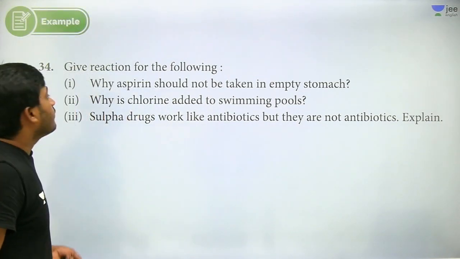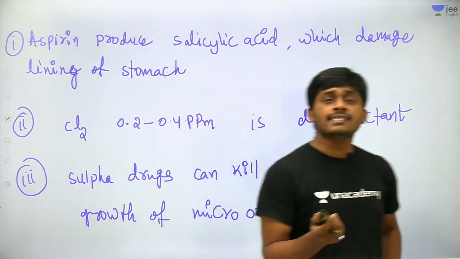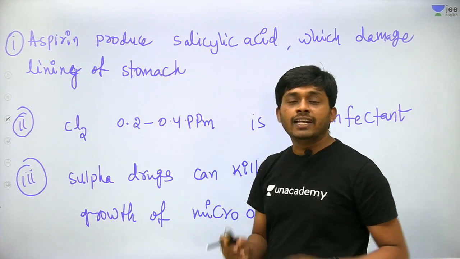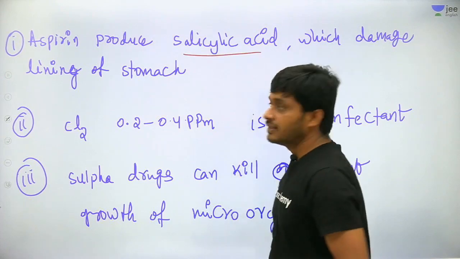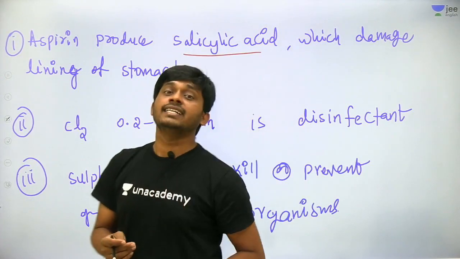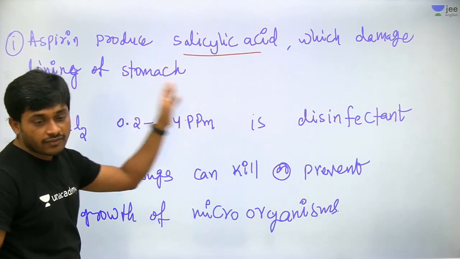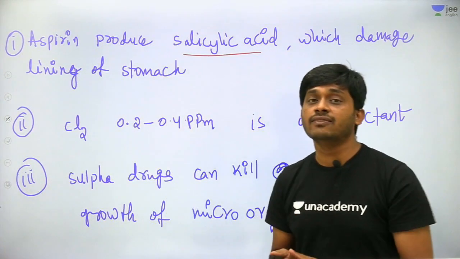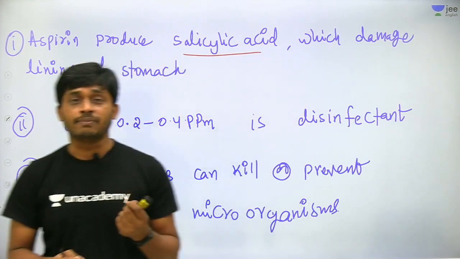Yes, very good. Why aspirin? See here, aspirin is acetyl salicylic acid. So in our stomach, it will get hydrolyzed and give salicylic acid. But when the acidic strength increases in our stomach, it damages the lining of our stomach. Understood, right? And chlorine is an antiseptic.